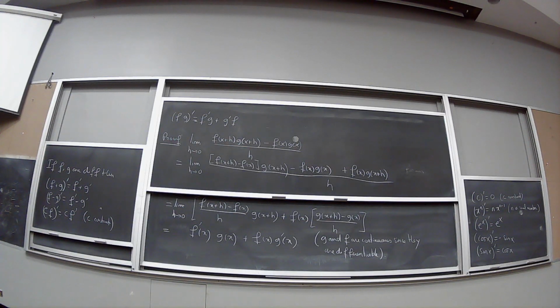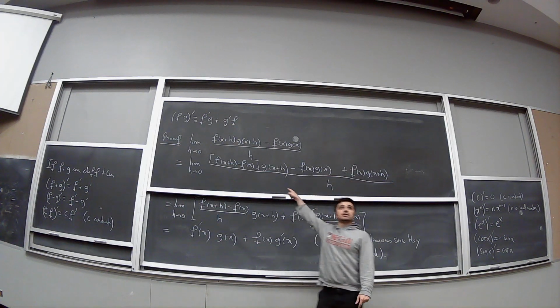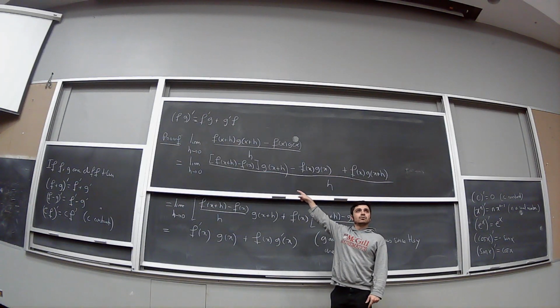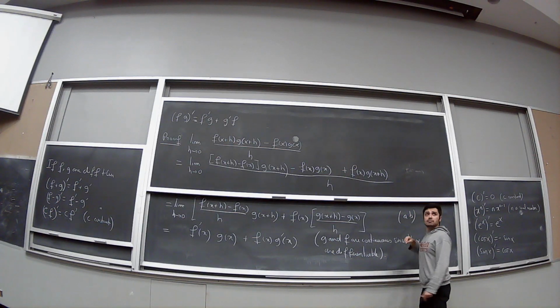Any questions? Yes? I'm sorry, I'm having a really hard time understanding. You just take f of x away and then you add it back. You don't understand why we did this, or how I did this? Okay, so I subtracted f of x times g of x plus h. You have a times b, okay?